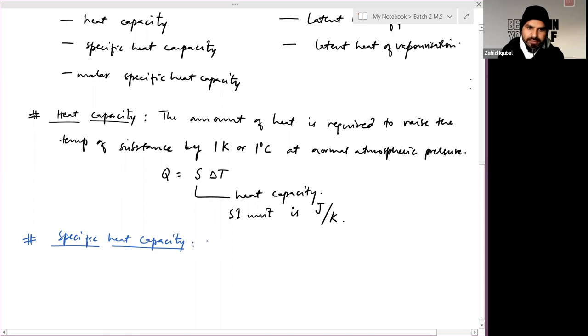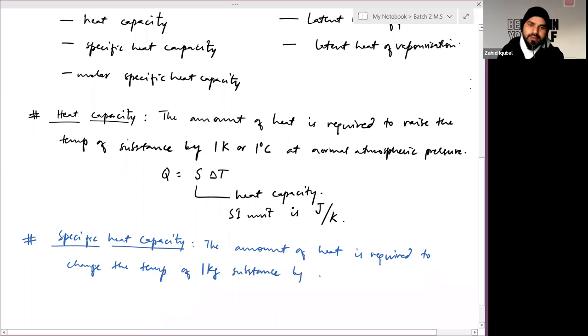So it is the amount of heat required to change the temperature of 1 kg substance by 1 Kelvin or 1 degree centigrade at normal atmospheric pressure.